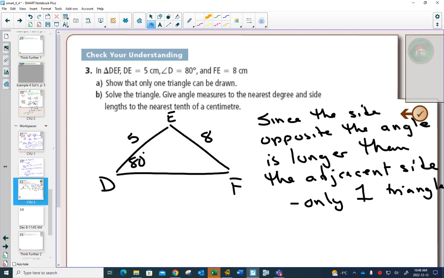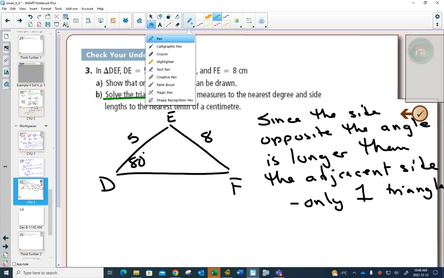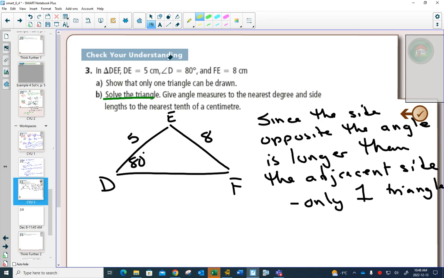Solve this triangle. When a question says solve a triangle, you have to find everything. We need to find all the sides and all the angles. As far as figuring out what we can solve for first, I want you to notice that we have, take highlighter out, this 80 and this 8 will go together.